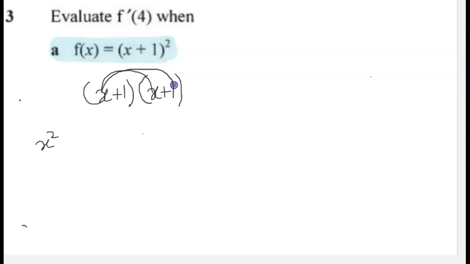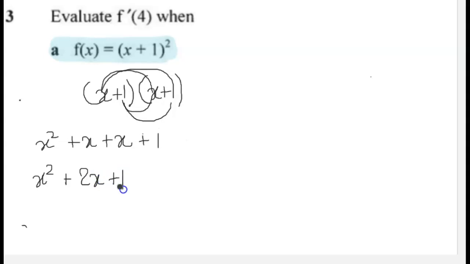When you multiply that times that, it's x. That times this is another x. And 1 times 1 is just 1. So you will get x squared plus 2x plus 1. And that's equal to f of x.